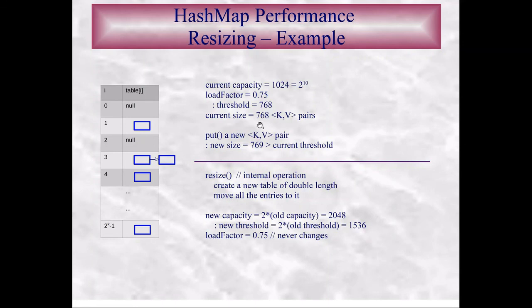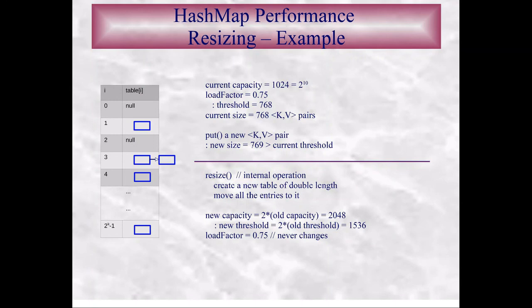In this situation, we add one new value. The size went up, we exceeded the load factor, so the hash is resized. The size is doubled to 2^11. The new threshold is likewise doubled, it goes with the capacity.